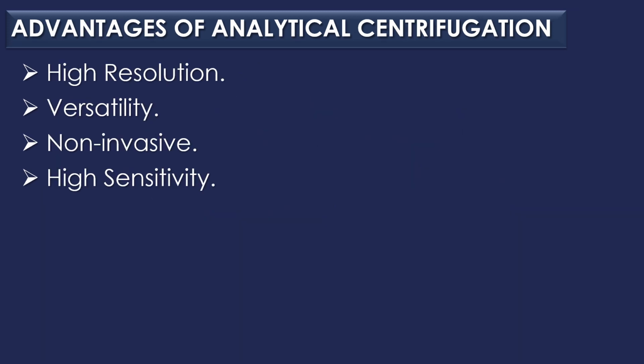Advantages of analytical centrifugation. The first advantage is high resolution. Analytical centrifugation allows for the measurement of the size, shape, and density of particles with a high degree of resolution. The second advantage is versatility. Analytical centrifugation can be used to measure a wide range of particles, including proteins, nucleic acids, cells, and organelles.